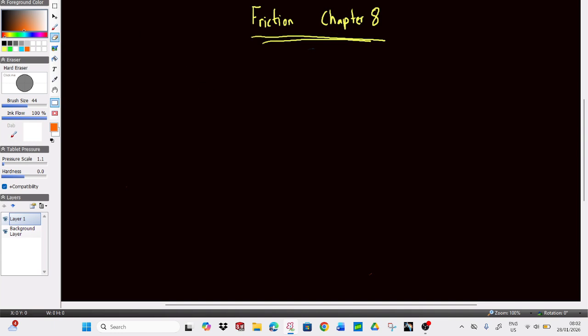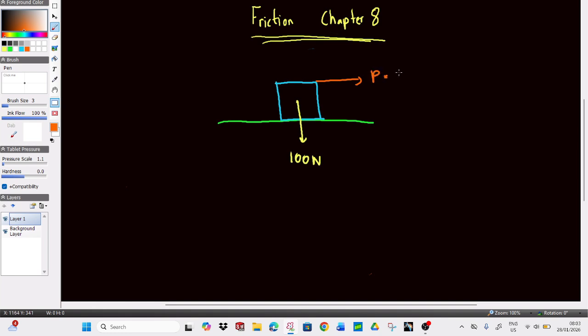To approach a problem, let's say we're going back to our box example again, and I'm going to give some parameters to it. So this is our box. Let's say the box has a weight of 100 Newton, and you're applying a force of P equals, let's say, about 20 Newtons.